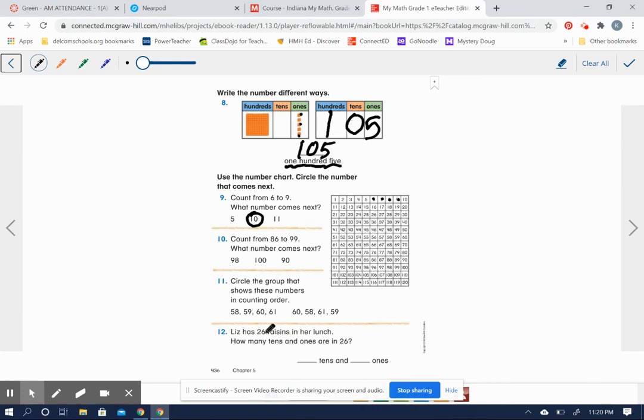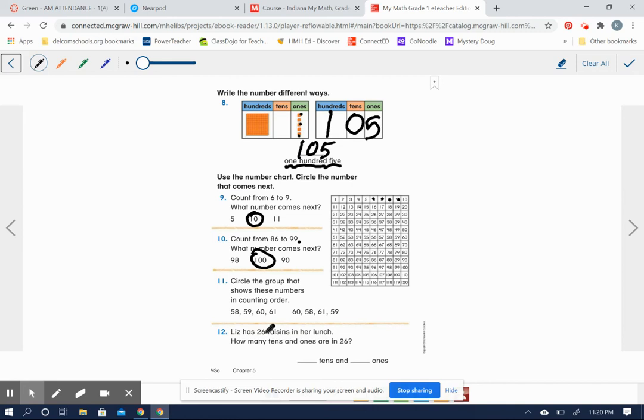If you count from 86 to 99, start at 86 and just count with me. 86, 87, 88, 89, 90, 91, 92, 93, 94, 95, 96, 97, 98, 99. And what comes next? You got it, 100.